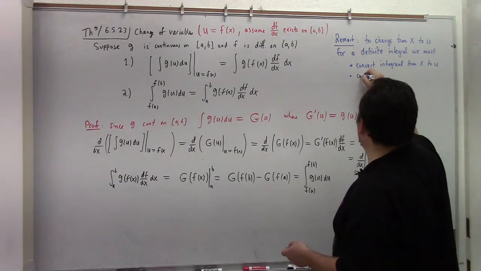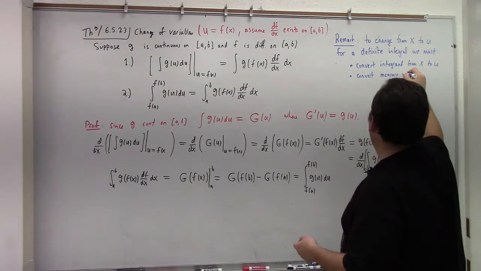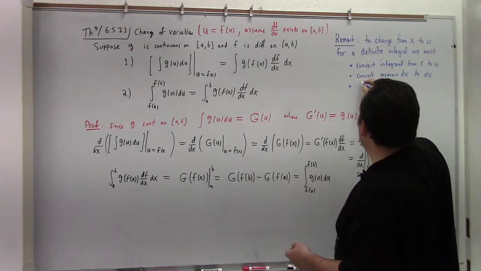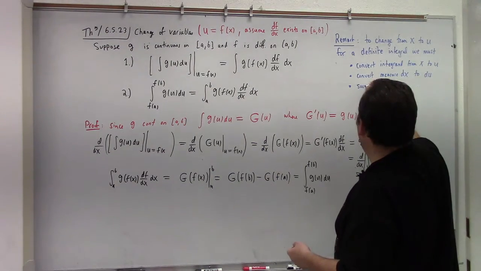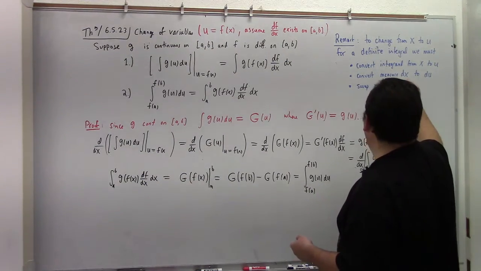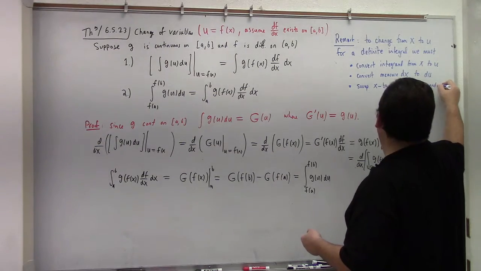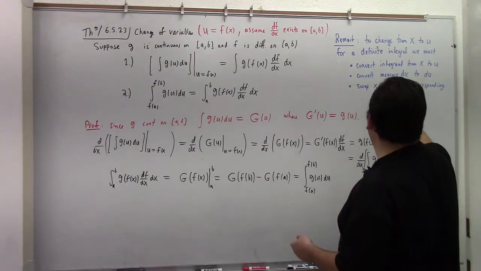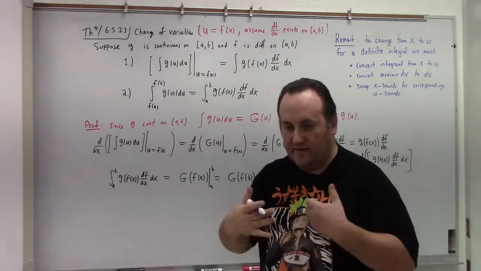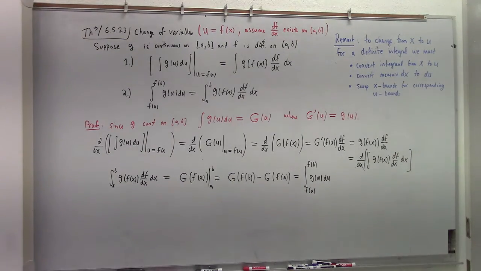We must convert the measure dx to du, and we must swap x bounds for corresponding u bounds. In other words, if we're doing a change of variables problem for a definite integral, we have three things we have to do.